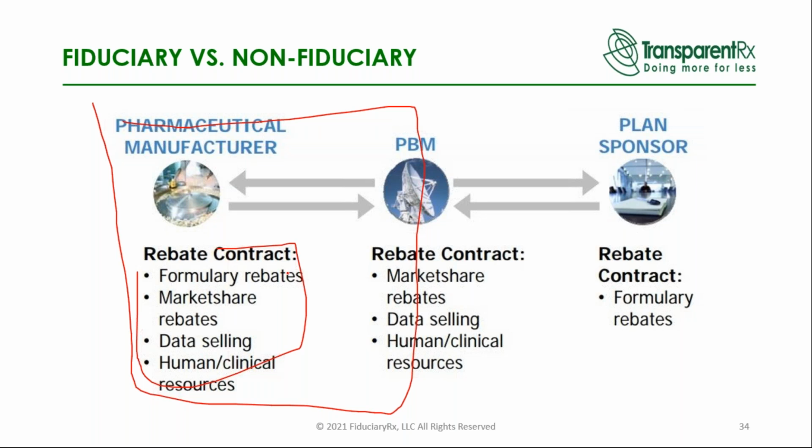And then what happens is all of these get here to the PBM, but no matter what you believe, the PBM then is keeping everything here and only passing back this. And that's if you're lucky, you get 100% of formulary rebates.